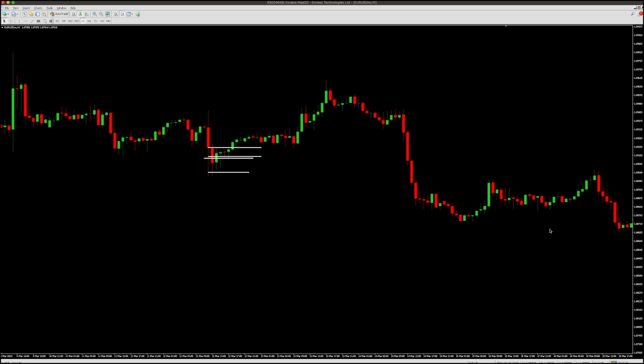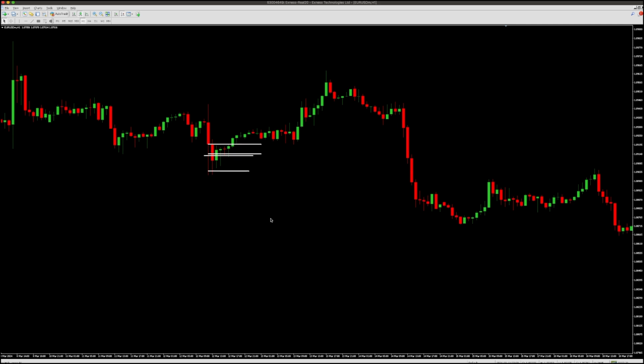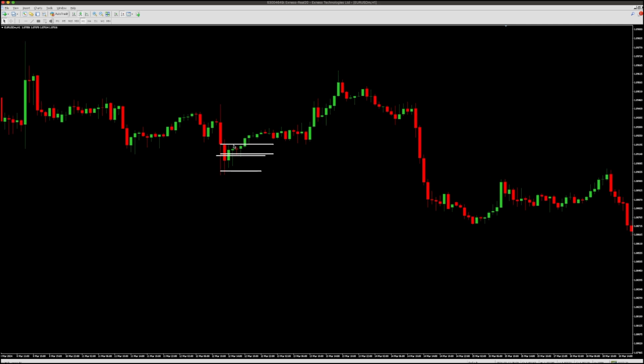So what I always do, or what I advise my students to do, is when you enter this first trade, this one here, don't enter another trade until you see a bullish candle close.